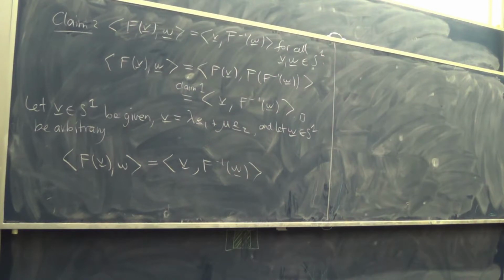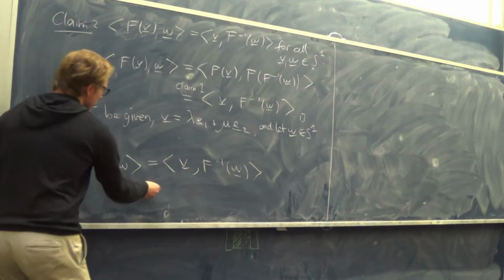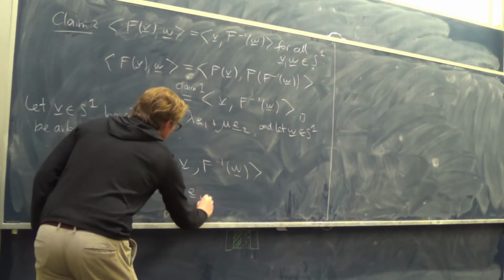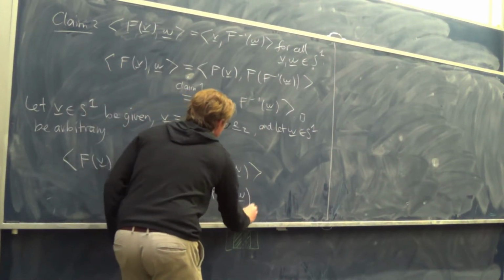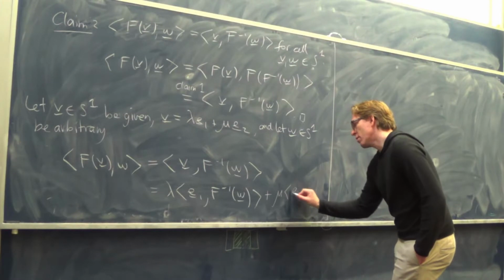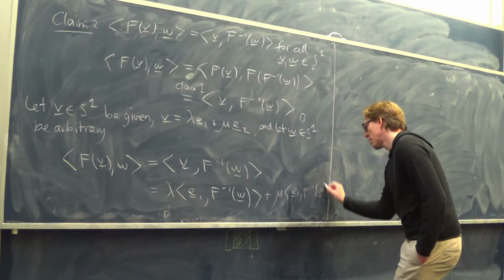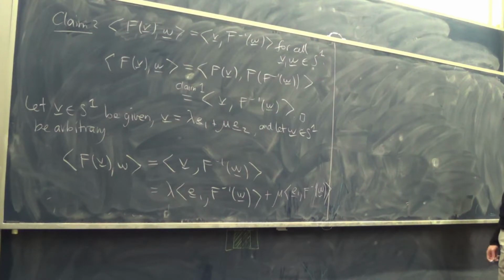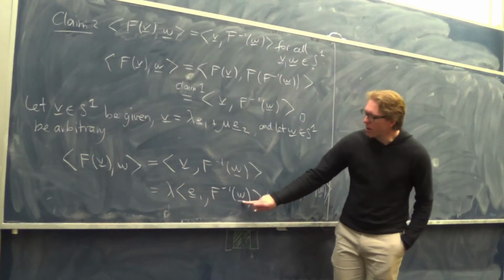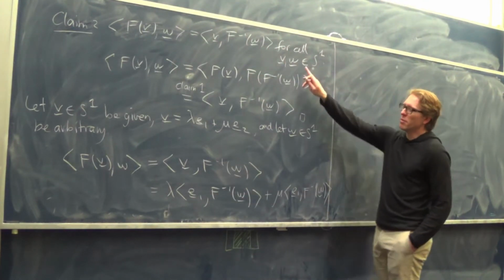Okay, but now the dot product is linear in both variables, right? If you put a linear combination of vectors in the first position of the dot product, what you get out is a linear combination of their dot products, right? So using this expression for V, I can write this as lambda E1, comma, f inverse W, plus mu E2, f inverse W. But now E1 and W are again just arbitrary, well, they're not arbitrary, obviously.